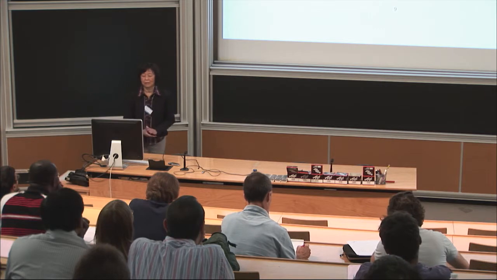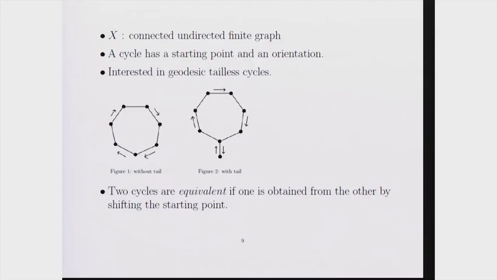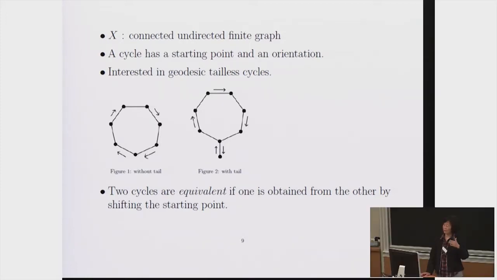Let's start with a connected undirected finite graph. What I call a cycle is what combinatorialists call a closed walk. It has a starting point and also an orientation. So if you have a different starting point or different orientation, it's counted as a different cycle. What we are interested in counting are geodesic tailless cycles, which have the shape of a loop, like what you would think of.